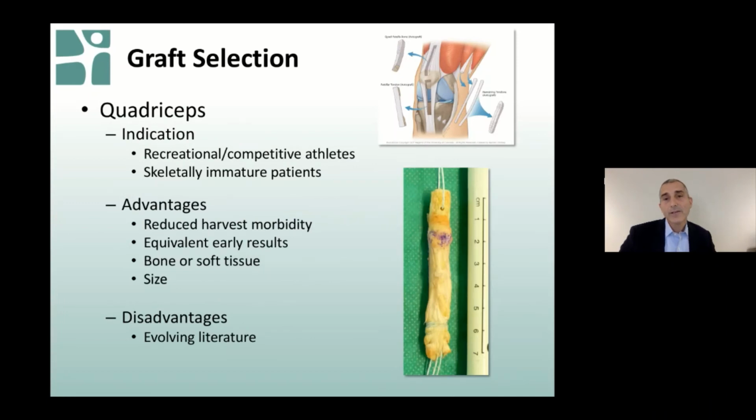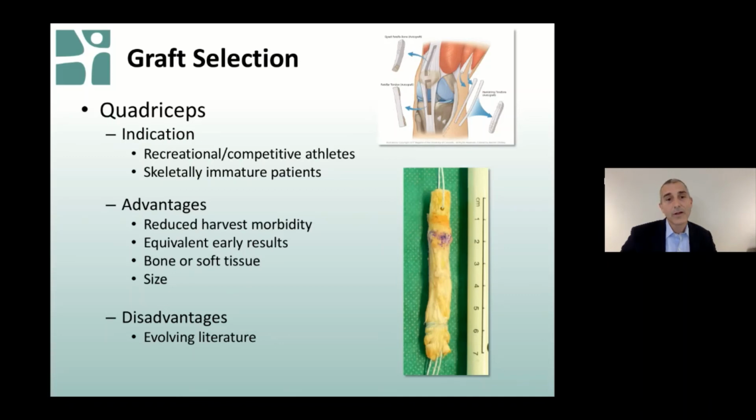A graft that patients and families may hear more about in the years to come is quadriceps. It's less commonly used than the patellar tendon graft or hamstring because it has less of a track record, and perhaps that's the primary disadvantage. The literature is evolving, although it certainly has the biomechanical properties that satisfy the criteria for the ACL, and it certainly has demonstrated early results that are acceptable.